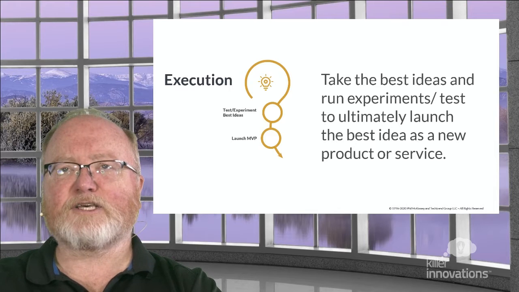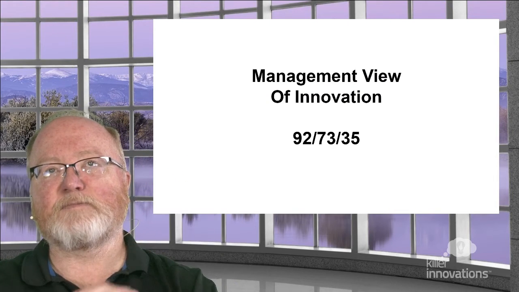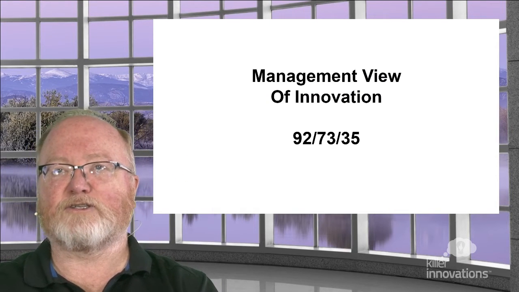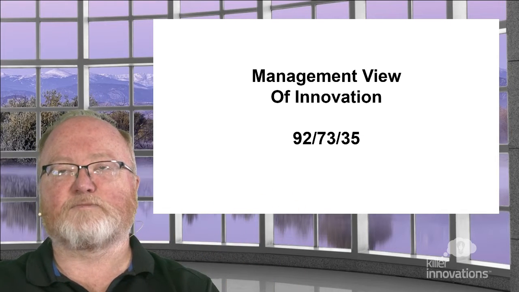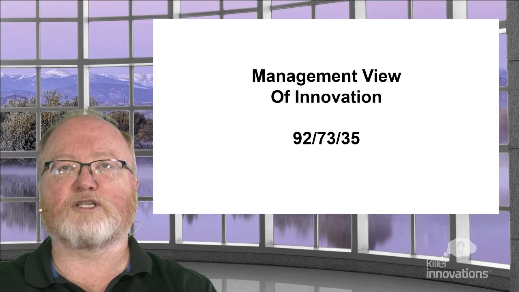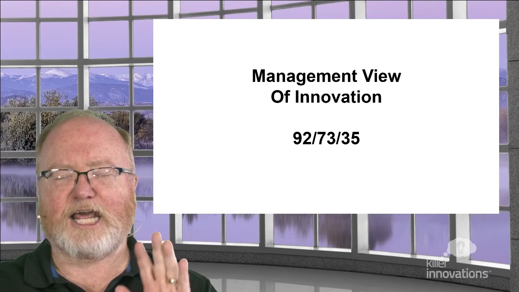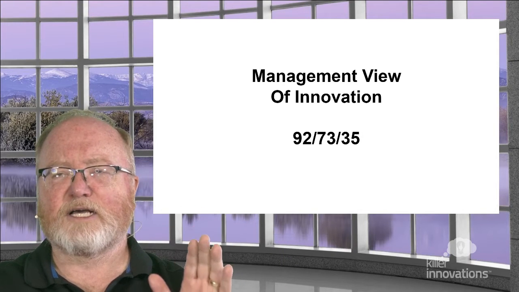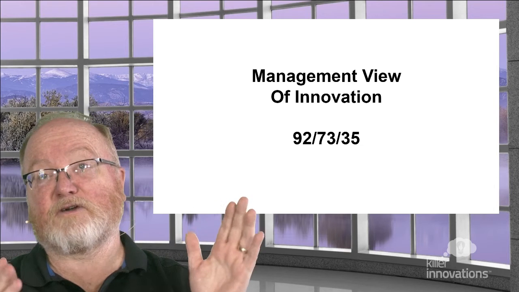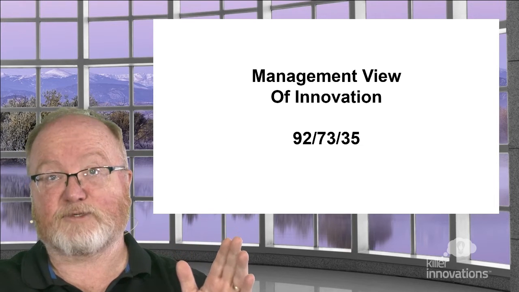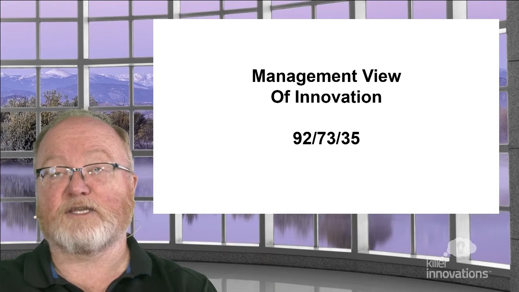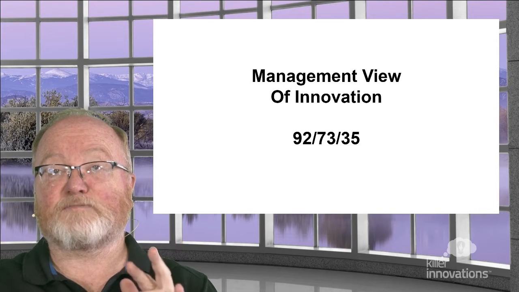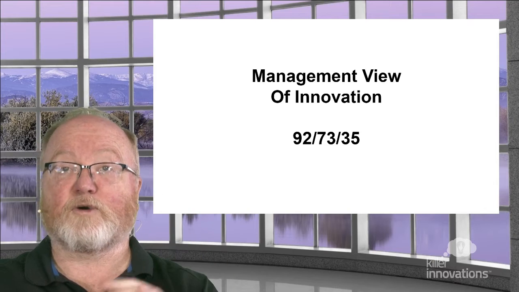Now, why is execution so hard? There's this management view of innovation, what we call 92, 73, 35. What do I mean by this? 92% of CEOs say innovation is critically important to my organization. Absolutely critical. I know it is, right? Thank goodness. I'm surprised it's not higher than 92%. Those same surveys of CEOs, though, said that 73% believe that innovation is important to their share price.